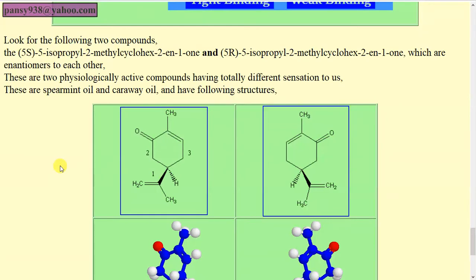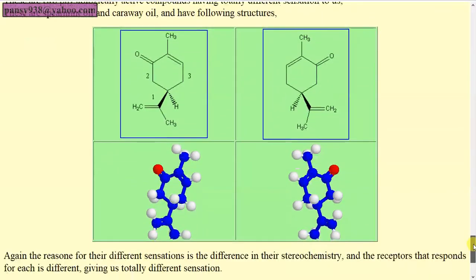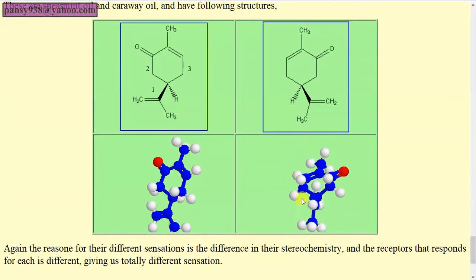Although the sequence of the atoms in their molecule is the same, the stereochemistry in both of the compounds is different. And you see this on the screen you are viewing, and in their 2D structures as well.